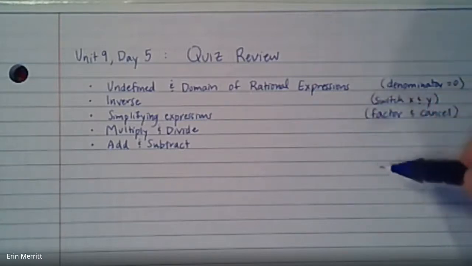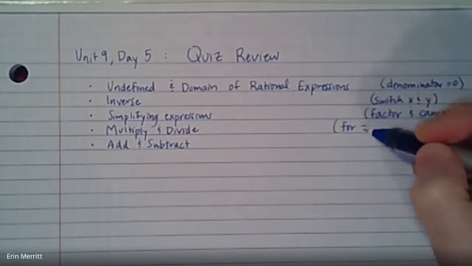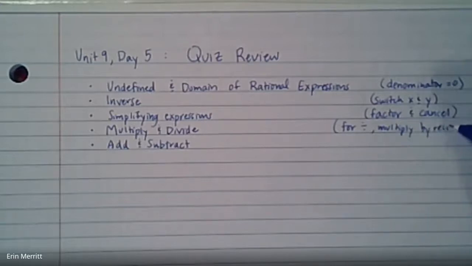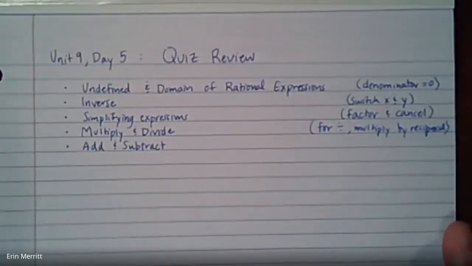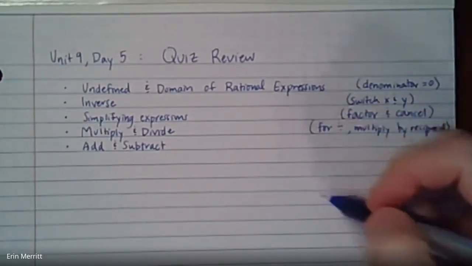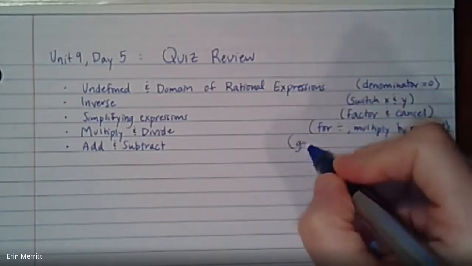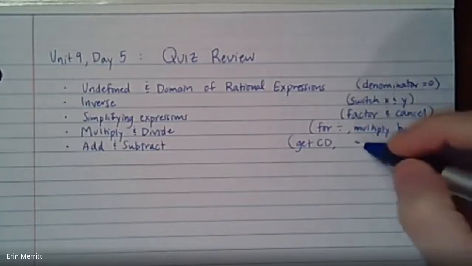For dividing, remember that you're multiplying by the reciprocal. And then the last one, for adding and subtracting, the key there, make sure you get a common denominator first. And then you can add or subtract the numerators.